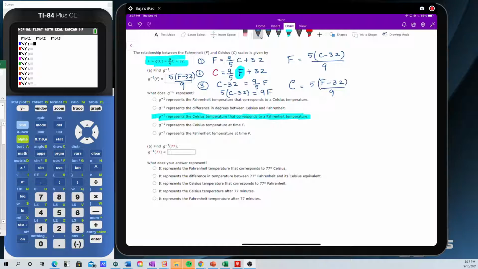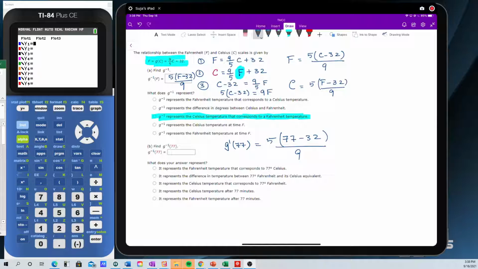Okay, and for the second part of the problem, the question is asking me to find G inverse of 77. Which means I have to plug in 77 over here. So it's 5 times 77 minus 32 over 9.